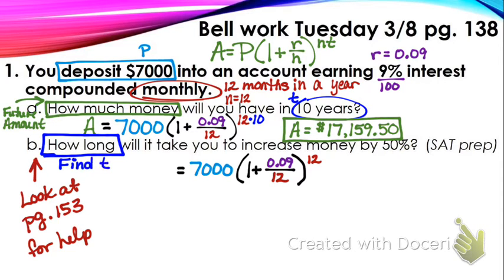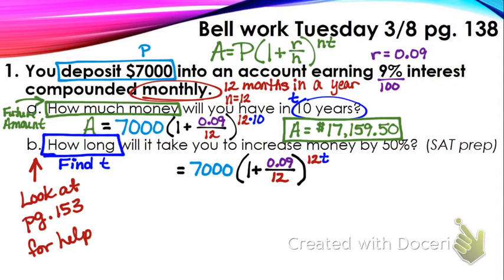If that's the thing we're finding, then we need to still have a variable there. So I'm going to leave that as a t. I'm missing something. A. Since I'm looking for t, I have to have something to put in for a. Math is really good at finding stuff, but only one thing at a time. So if you have more than one letter left, you're stuck in the water.